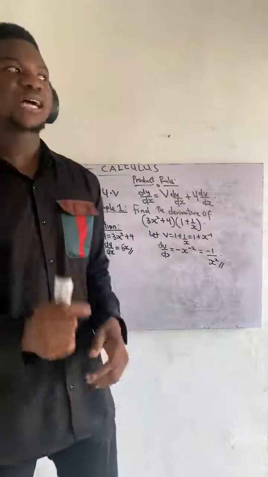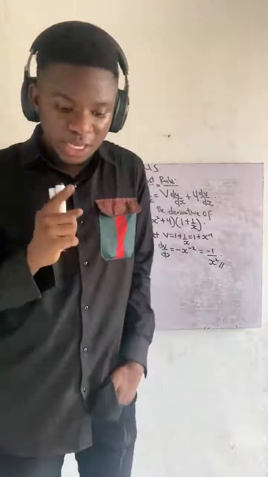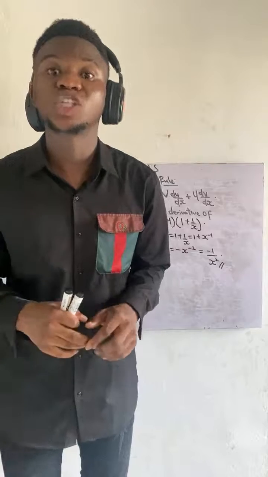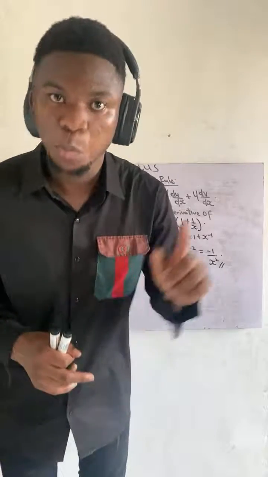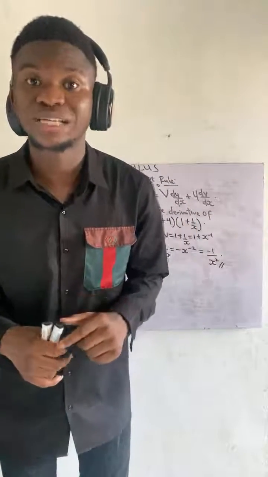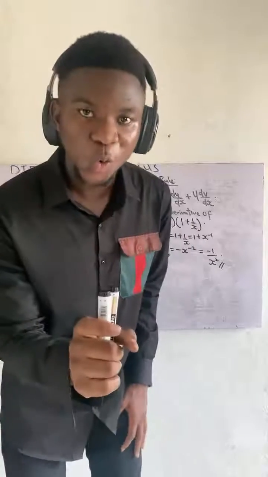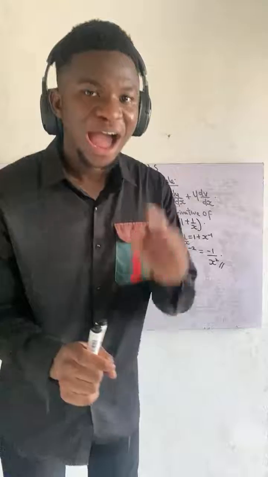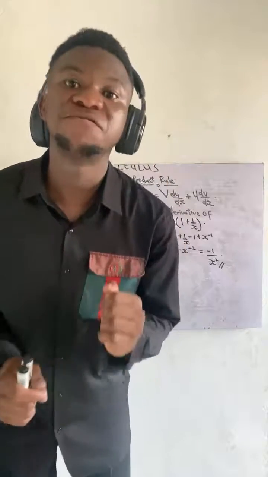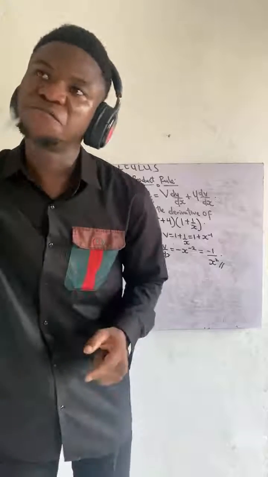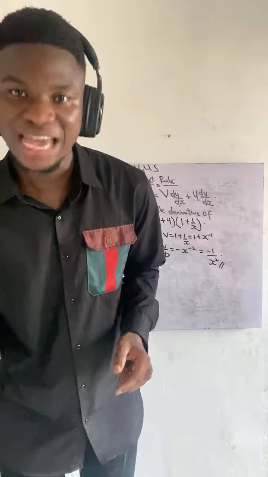Once you've known that, remember that if I am to write my product rule, I'm going to be taking into consideration addition. Product rule takes into consideration what? Addition. So the formula will now be u dv dx plus v du dx.